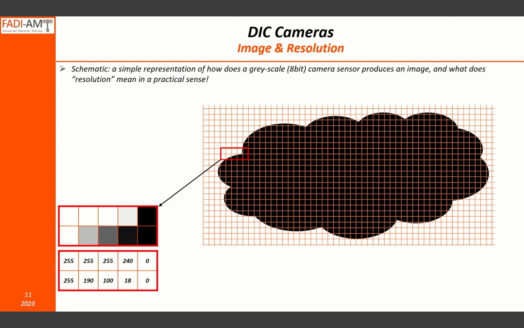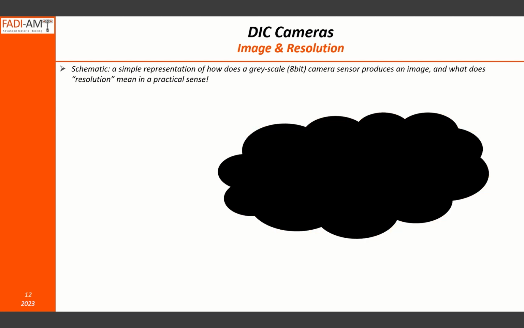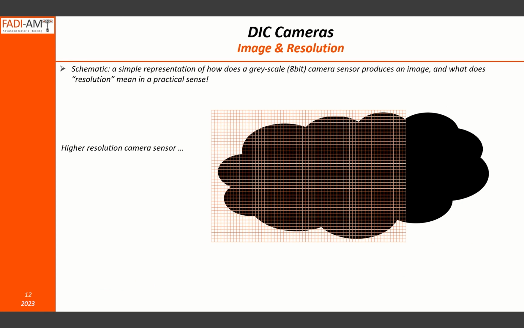The value is maybe 100, and so on for the other pixels. And that's basically how a camera sensor works. And that's how this particular region that looks really sharp to you translates into these white and gray and black pixels, as you can see here in this table. Now, what happens when you take that camera sensor out and you replace it with a high resolution sensor?